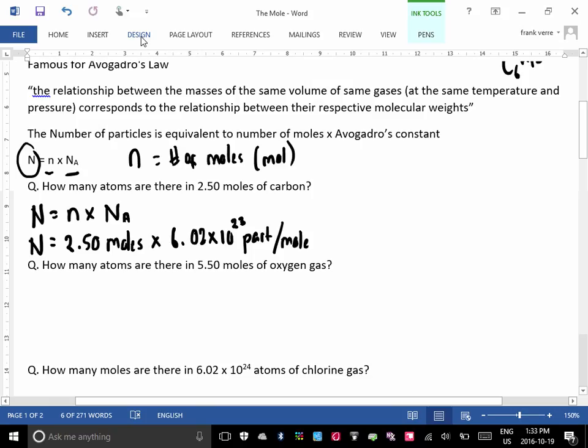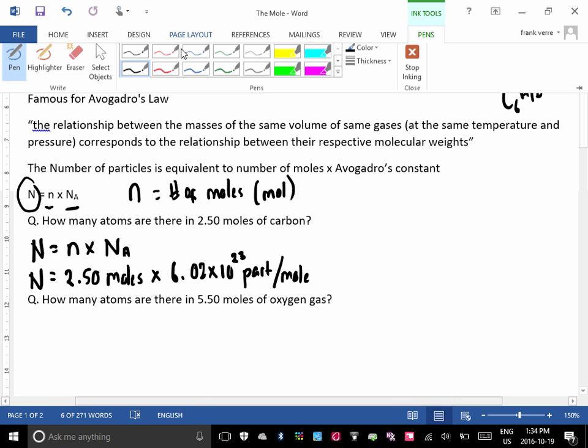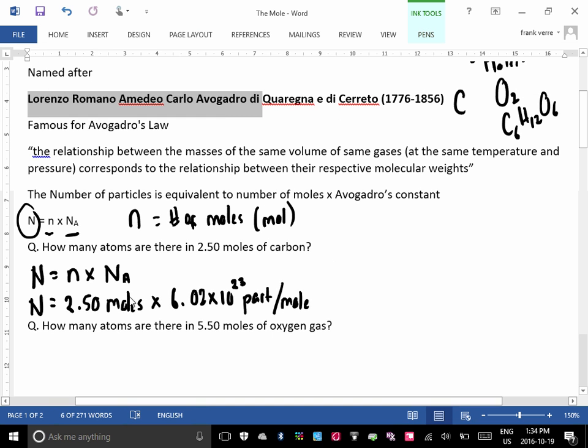Okay, so you can see the moles will cancel out, and you're left with N equals 2.50 times 6.02 times 10 to the 23. So what is that as the final answer?